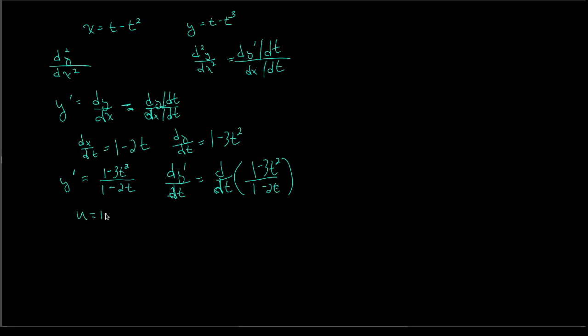u equals 1 minus 3t squared, so u prime equals negative 6t. And v equals 1 minus 2t, so v prime equals negative 2.